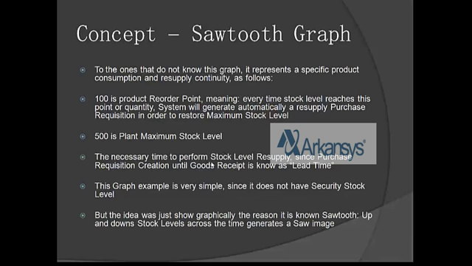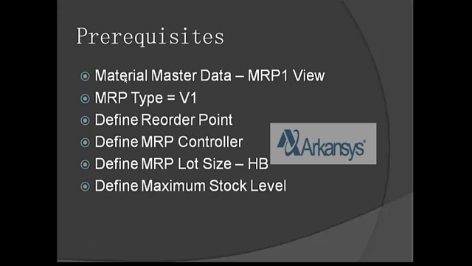The necessary time to perform the stock level resupply, from purchase requisition creation until goods received, is known as lead time. This graph example is very simple since it does not have a security stock level. But the idea was just to show graphically the reason it is called sawtooth. Up and down stock levels across time generate a saw image. Okay, let's go to the next slide.